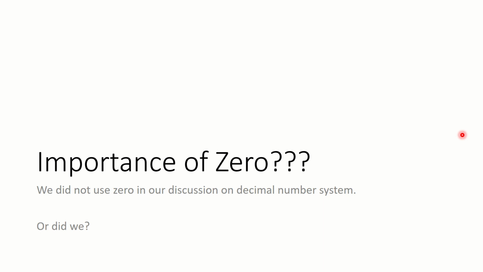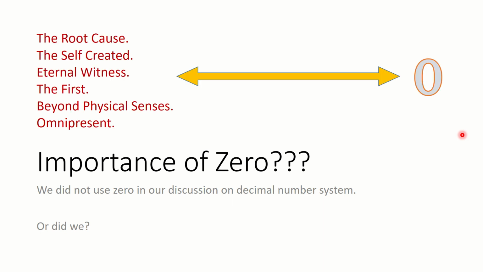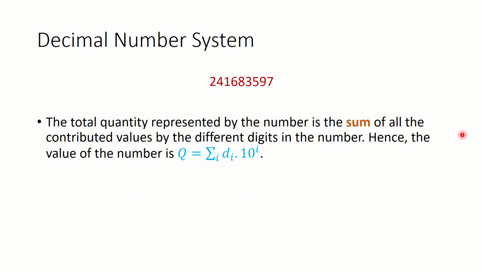So all these great things that I already told you about 0 being the root cause, or self-created, so many things that I talked about 0, conferring on it the status of a supreme number. So what happened to all those claims? Where did 0 suddenly vanish? That is the question here.